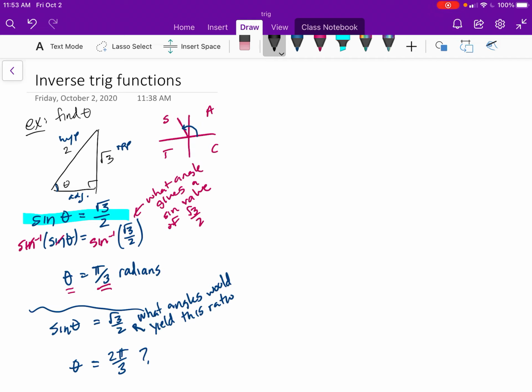Recall that for an inverse function, the original function has to be one-to-one. So what do I mean by that? Say a parabola, we could not do an inverse function here because the original function is not one-to-one, which means it fails the horizontal line test, which ultimately means there are two different x values that yield the same y value.